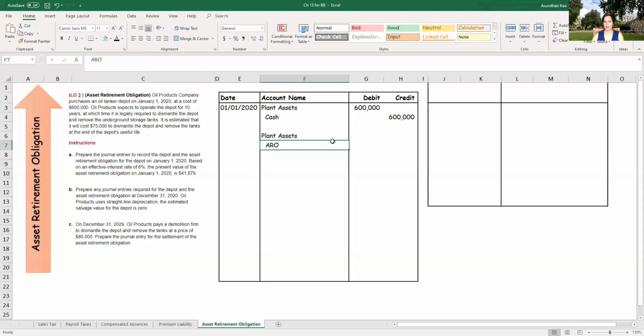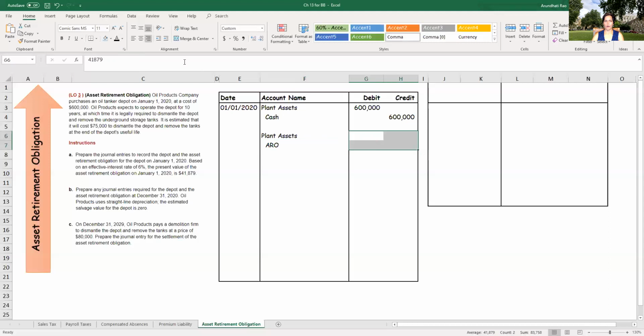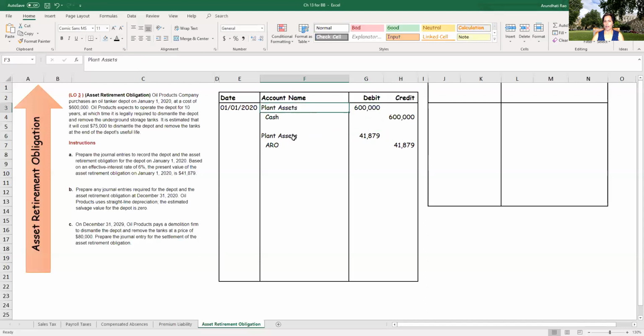So this is a liability I'm recognizing in my books, and we've already been told the dollar amount, $41,879. So the total value of the asset is $600,000 and $41,879. That's a combined plant asset.